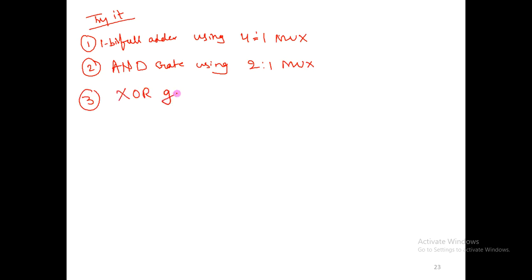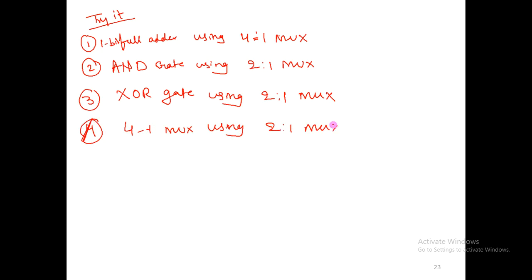An XOR gate using a 2 to 1 mux. Fine. So I'm expecting you people to do all these things. One more, the last one: a 4 to 1 mux using 2 to 1 mux. All these in the gate level style of modeling.